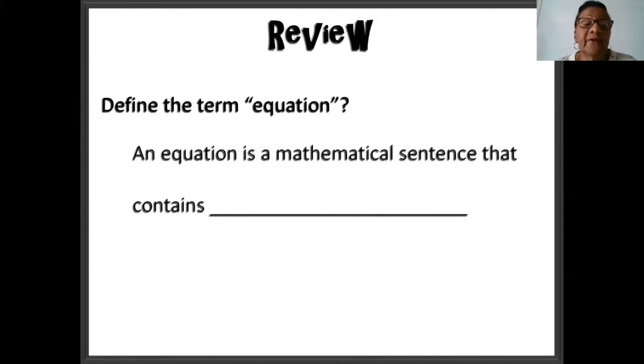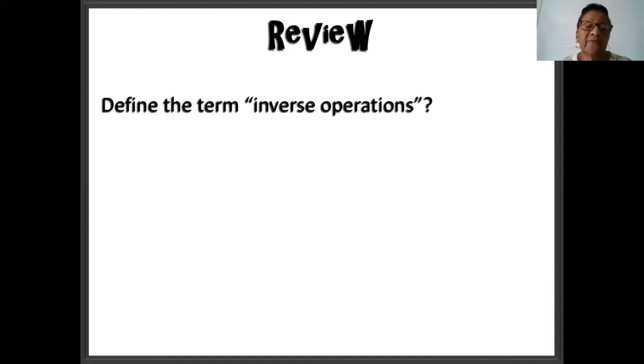Now, define the term equation. Just write your answer. An equation is a mathematical sentence that contains blank. What is missing from that statement? Now, if you have an equal sign, that is correct. Now, define the term inverse operations.